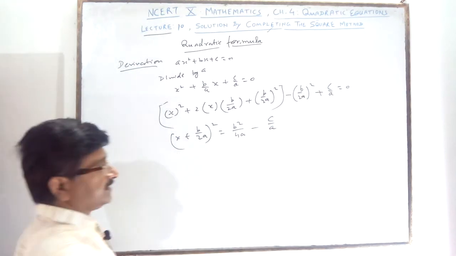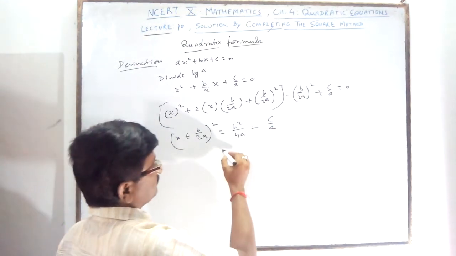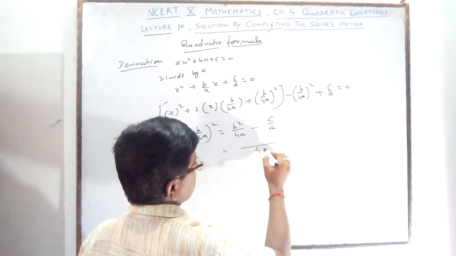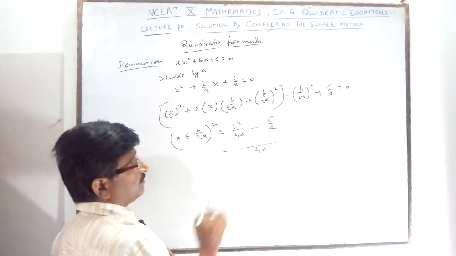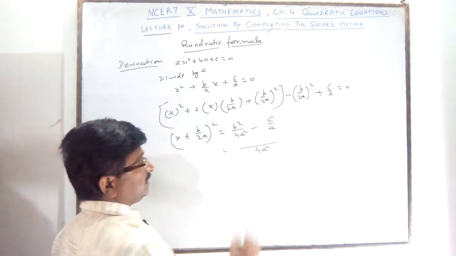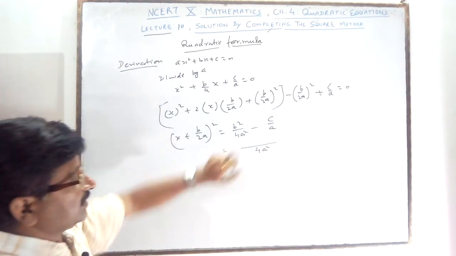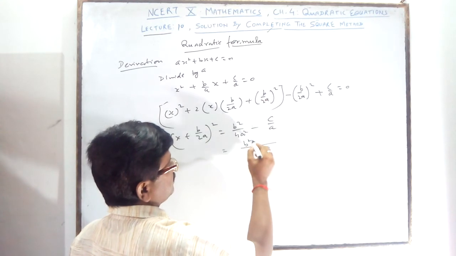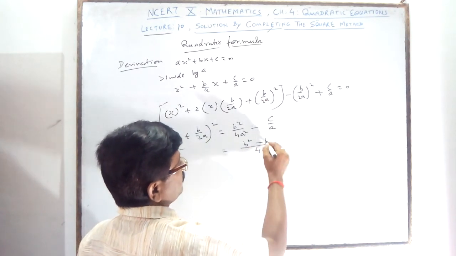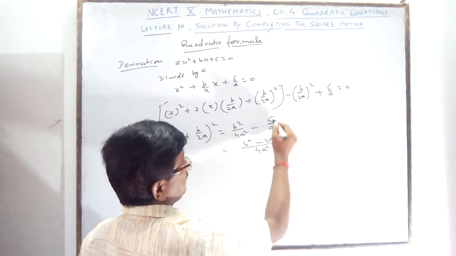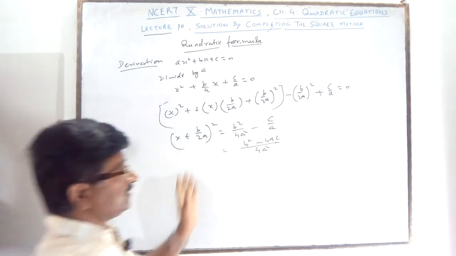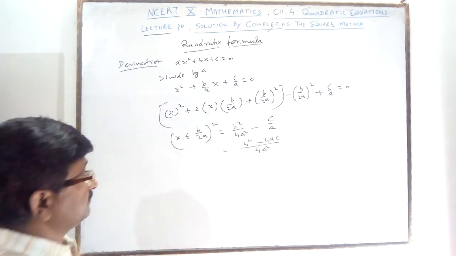Transposing to that side, take the LCM. 4a square is the LCM, because here it is b square upon 4a square. So you get b square minus 4ac, with a cancelling, on the right side by taking the LCM.